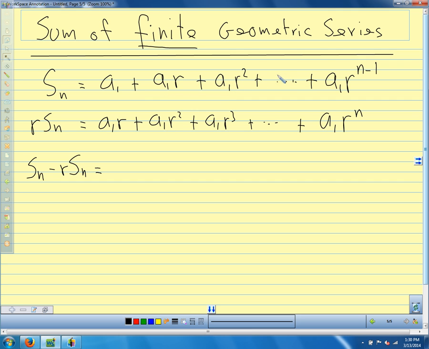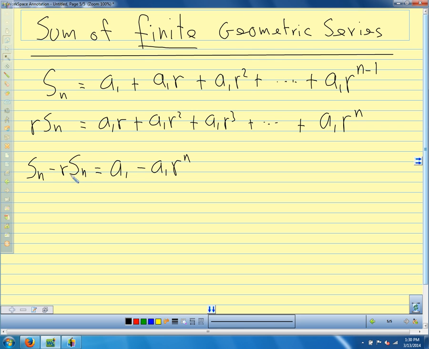I'll have an a sub 1 r cubed minus a sub 1 r cubed, etc. And out here, this term right before this is going to be a sub 1 r to the n minus 1, and those will cancel. And all I'm left with is the first term, a sub 1, minus a sub 1 r to the n. All these terms in the middle cancel out. They all subtract away.